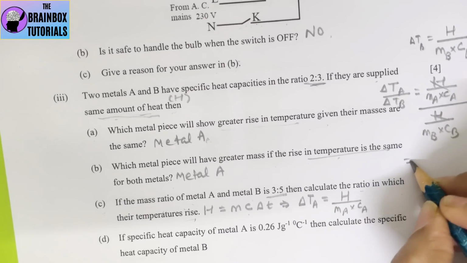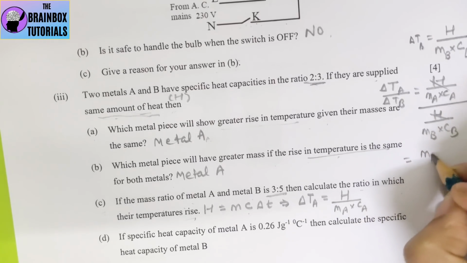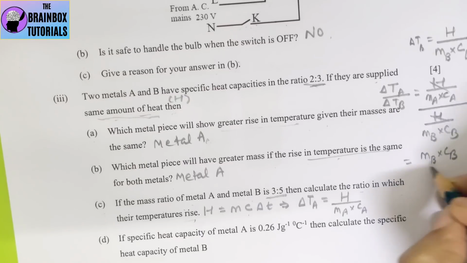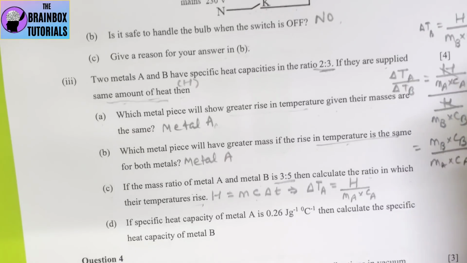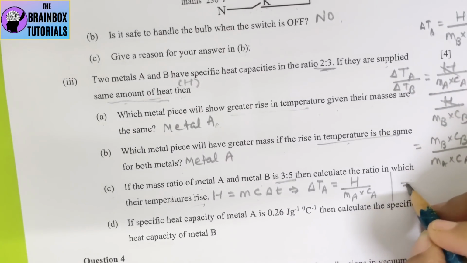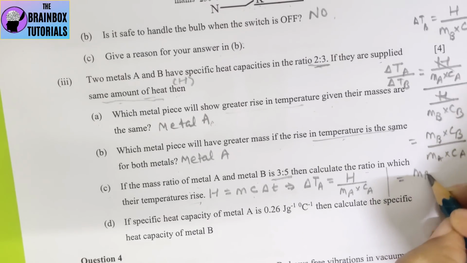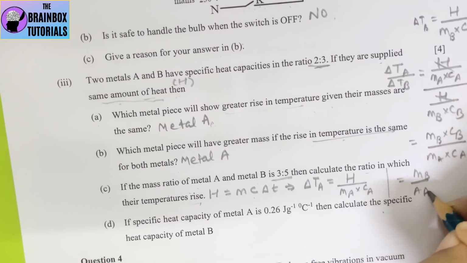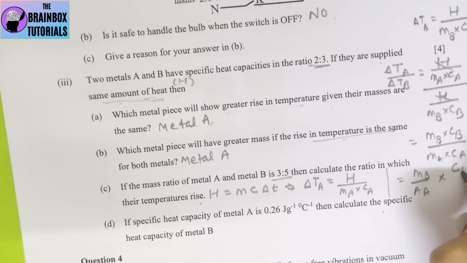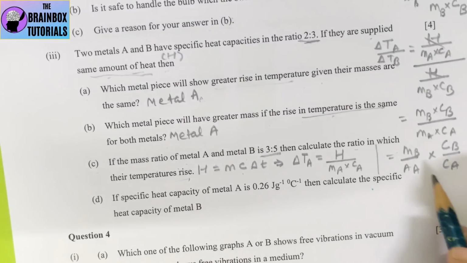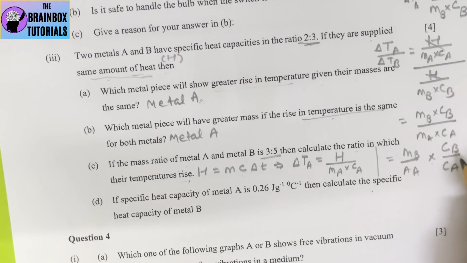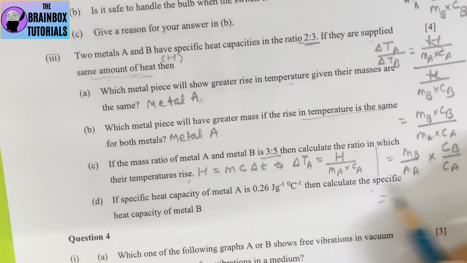Now the answer will be mass of B into specific heat capacity of B upon mass of A into specific heat capacity of A, that is equal to mass of B upon mass of A into specific heat capacity of B upon specific heat capacity of A. That means the ratio of their masses multiplied by the ratio of their specific heat capacities, and we have both.